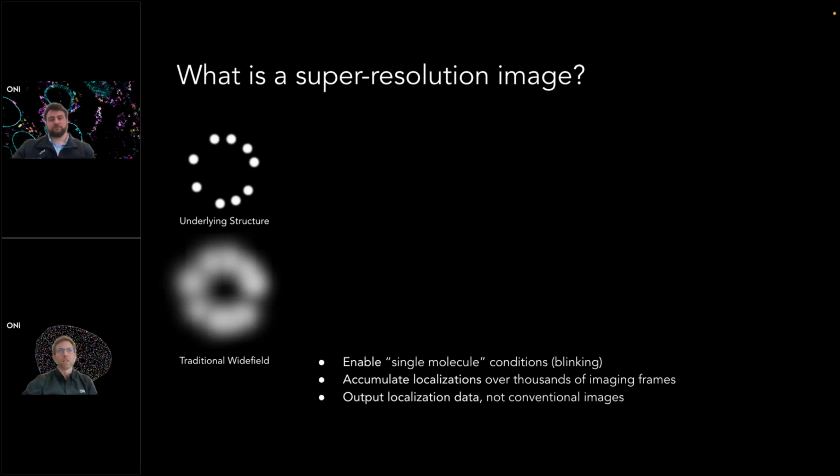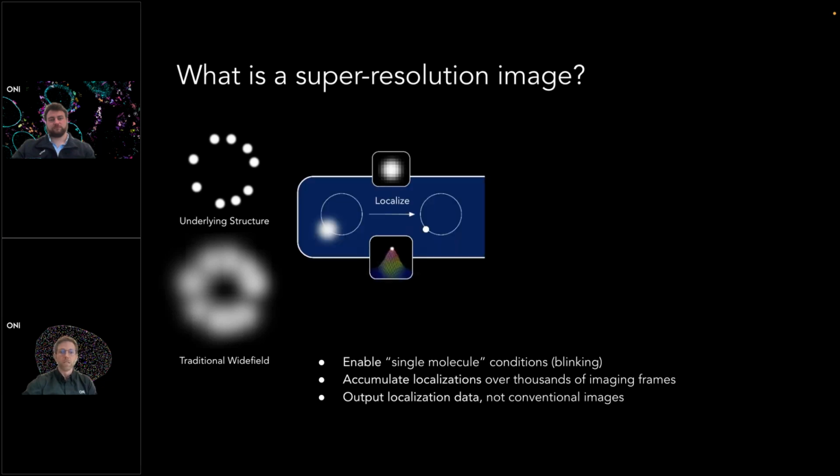The one I'm going to explain here is the most common one, called dSTORM, where essentially we put most of the molecules in a dark state. So when we send our laser excitation, we don't actually receive their fluorescence on the camera. By doing this, we're able to enable, stochastically or randomly, just one single fluorophore, or one single fluorescent molecule, on the structure at a single time.